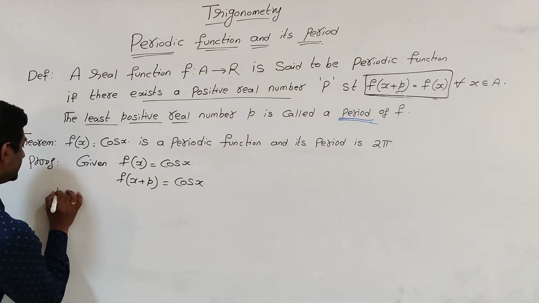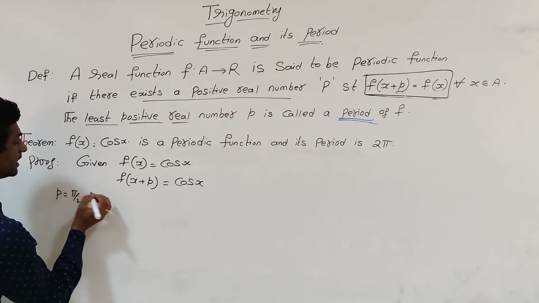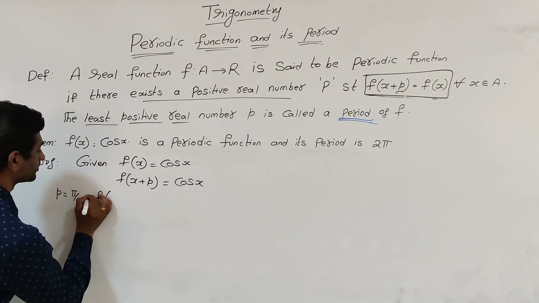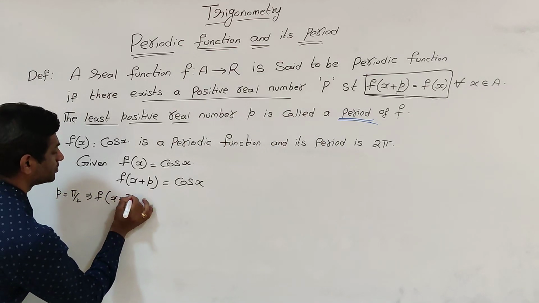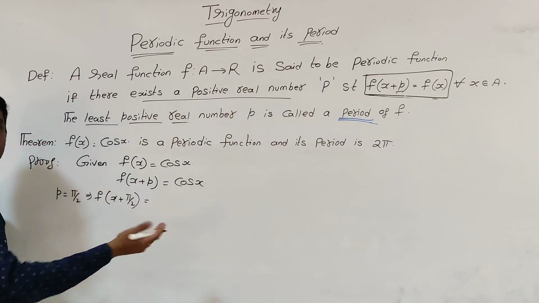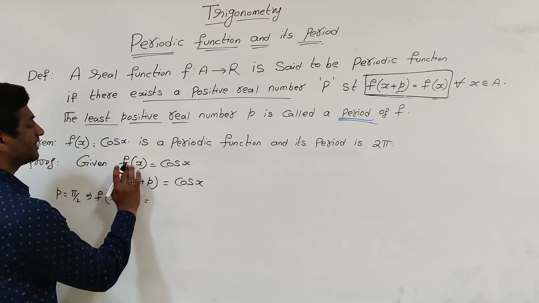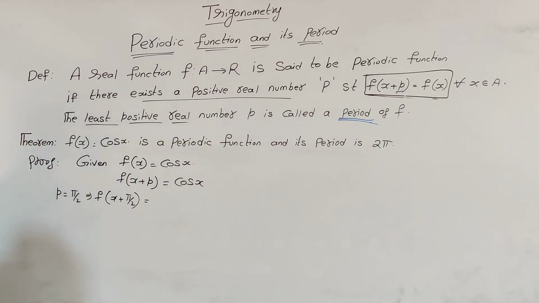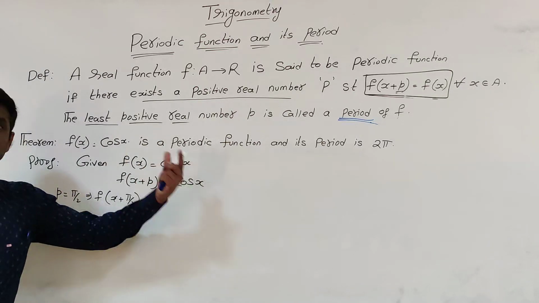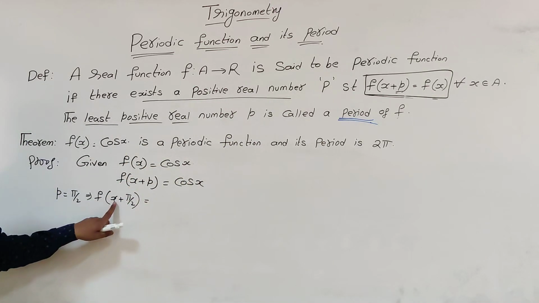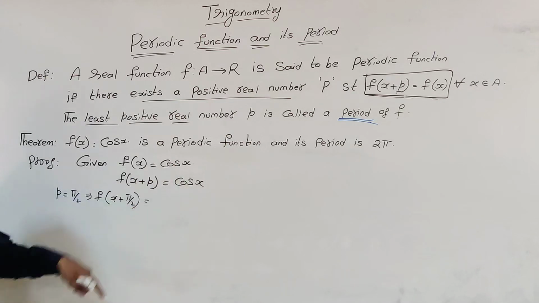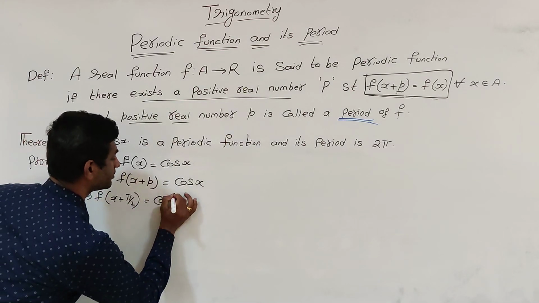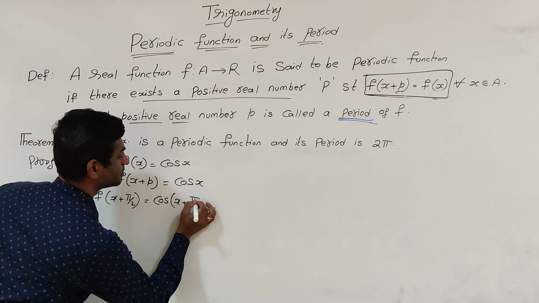Now if p is equal to pi by 2, then f of x plus pi by 2, we'll check whether it will be f of x or not. F of x is given as cos x, meaning if x is the input, cos x is the output, but in the place of x, now it is x plus pi by 2. So what will be the output? Cos of x plus pi by 2.